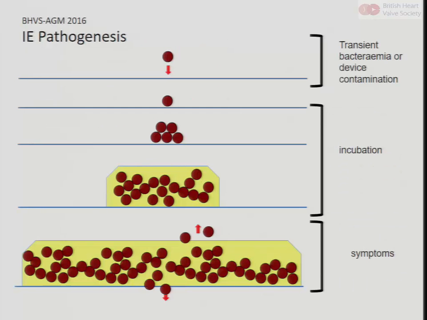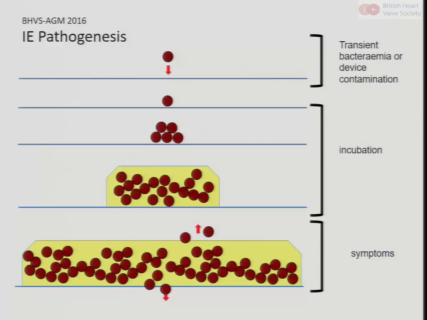In terms of pathogenesis, a quick revision. Most endocarditis results, we believe, from a transient bacteremia. Bacteria get into the bloodstream from a number of different sources. Often we have no idea what they are. Alternatively, the bacteria are introduced at the time of cardiac surgery or implantation of a device.